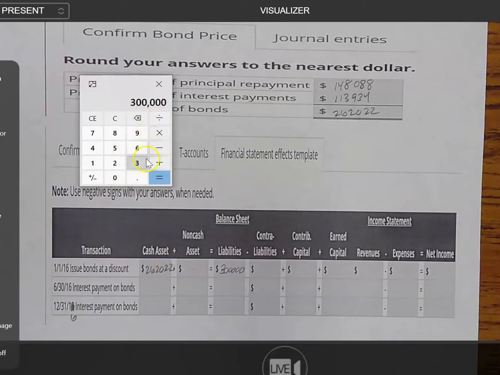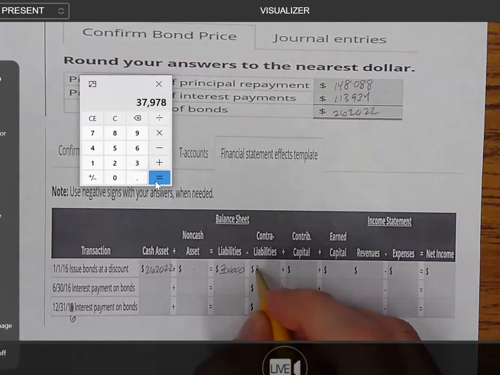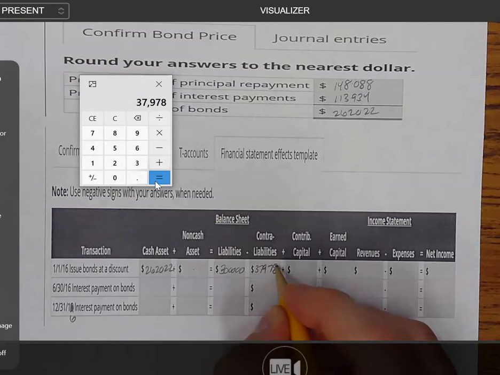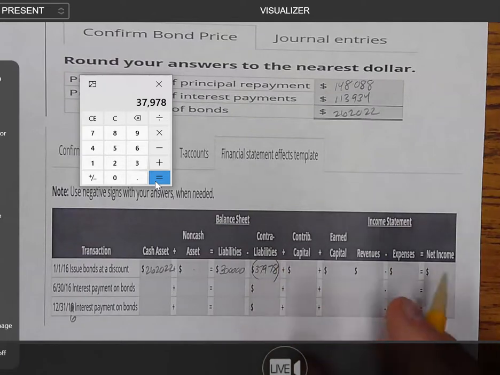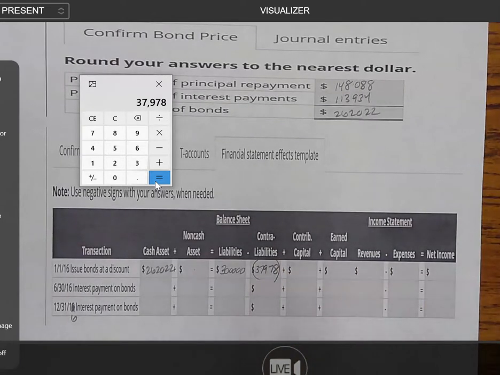Minus 262,022. All right, so it's not a liability; it's a contra liability. It is 37,978, and probably ought to put that in brackets.